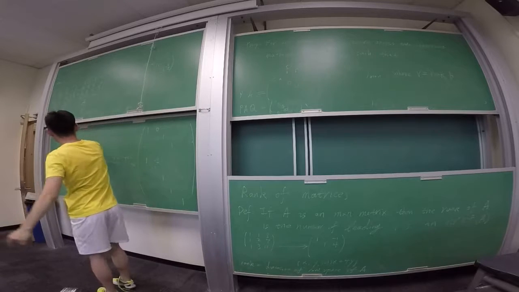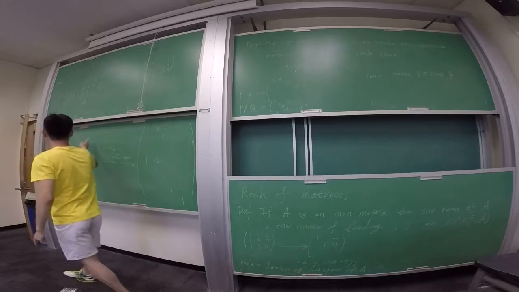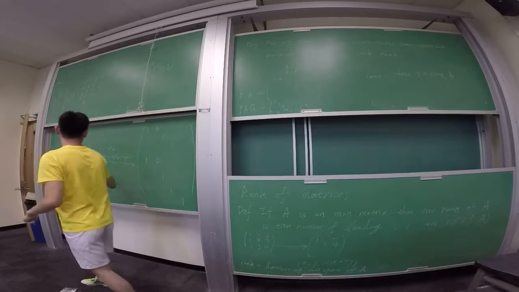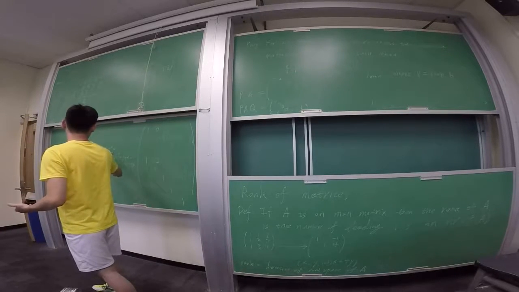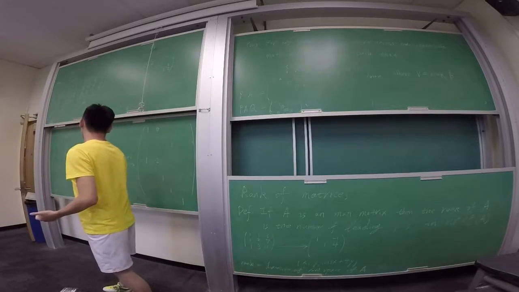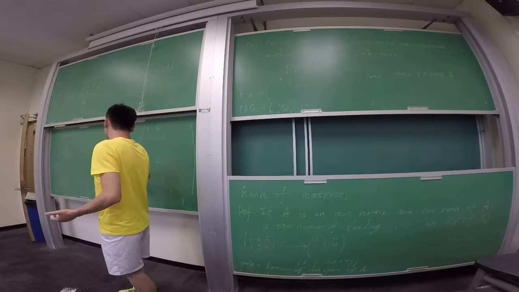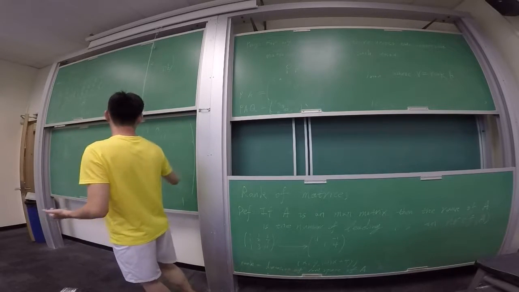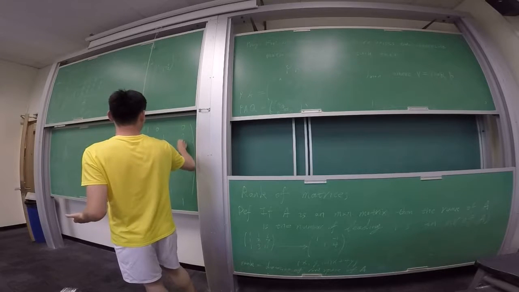When the last column subtracts the first column, this one goes away. And then when continuing subtracting the third column times 2, this 2 goes away. And when continuing subtracting the fourth column times 2, this 2 goes away. Right? So this becomes 0, 0, and 0.